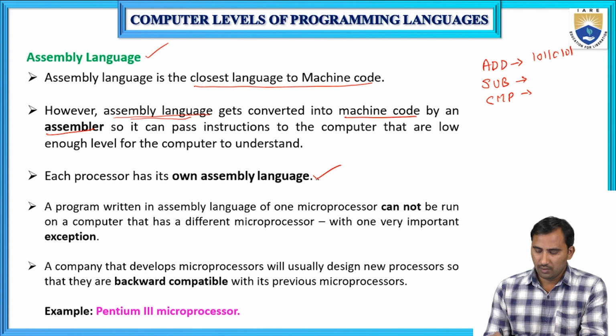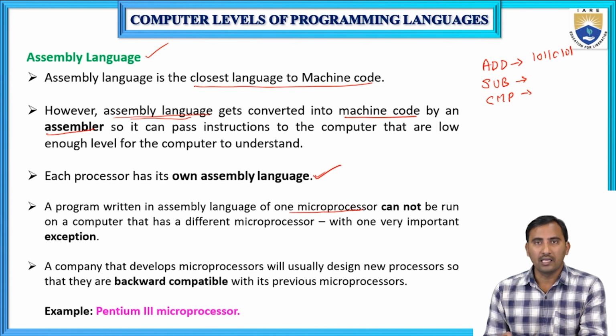The program written in assembly language of one microprocessor cannot be used for another microprocessor, because, as we have already seen, every processor has its unique instruction set. That means the instructions of one microprocessor are not similar to another microprocessor. Suppose I have written a program for the 8086, which is an Intel processor.